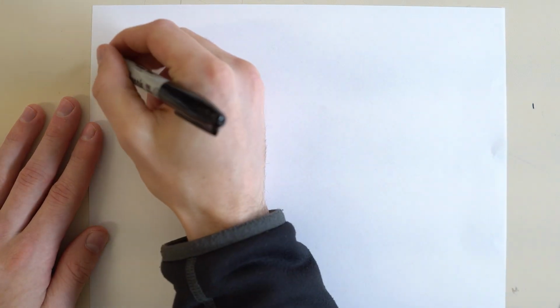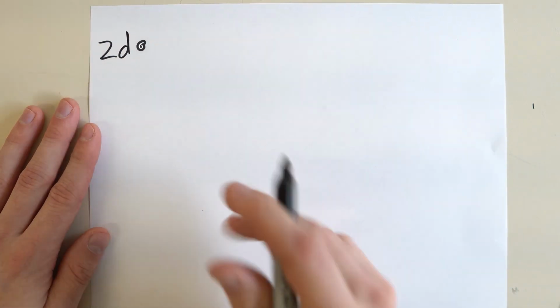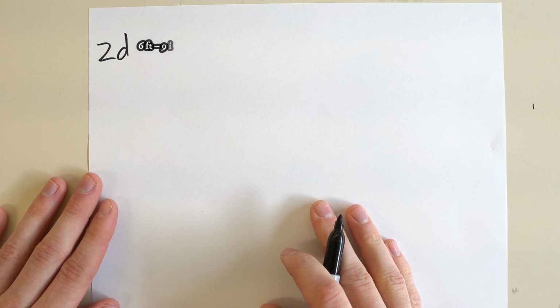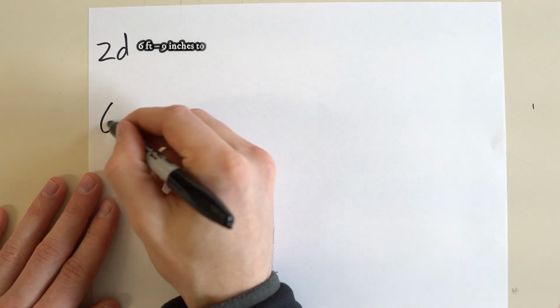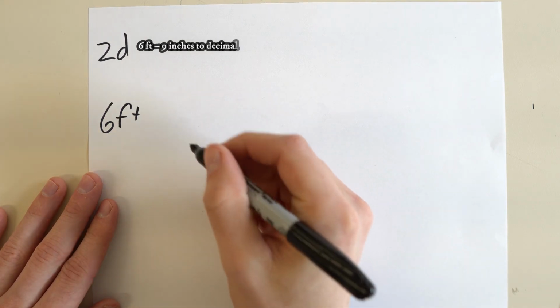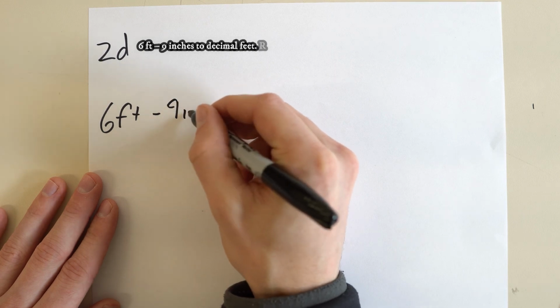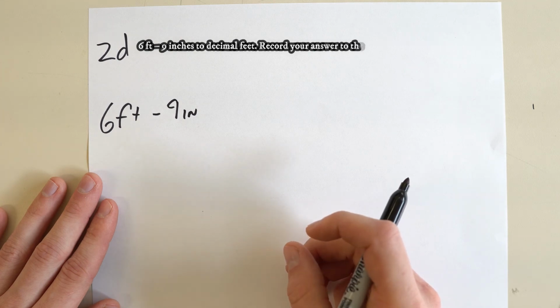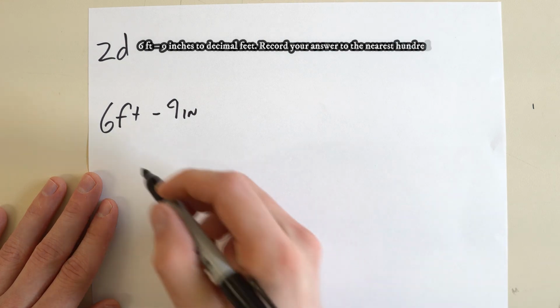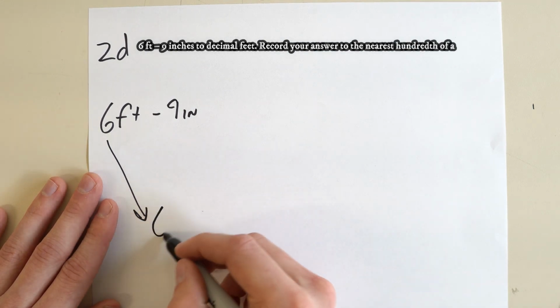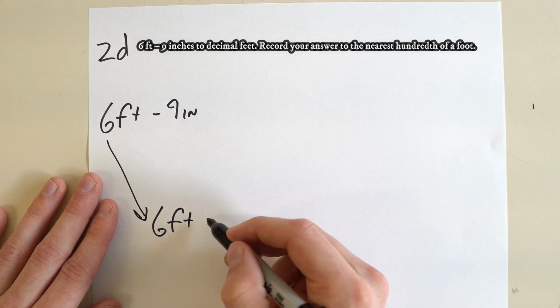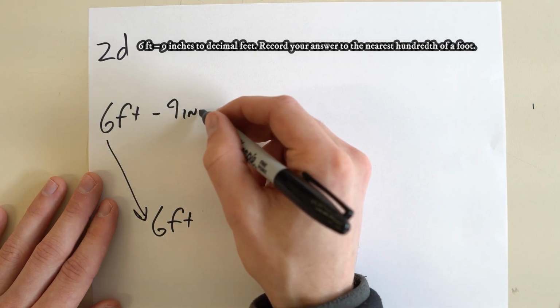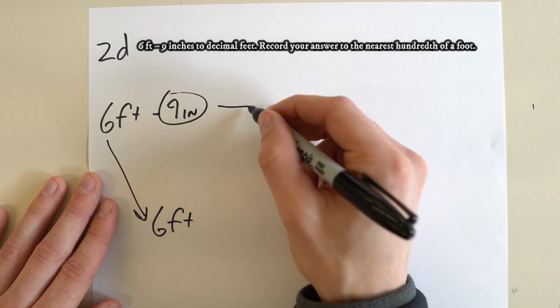So we got 2D next. And 2D is asking us to change 6 feet and 9 inches into the nearest hundredth of a foot. For this, I'm going to just move my 6 feet down here because that is already in feet, and I need to convert this 9 inches.